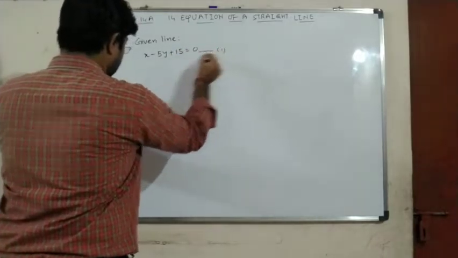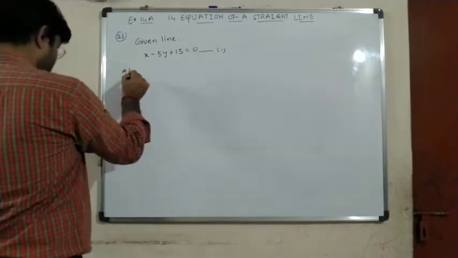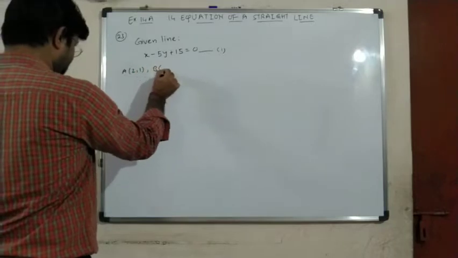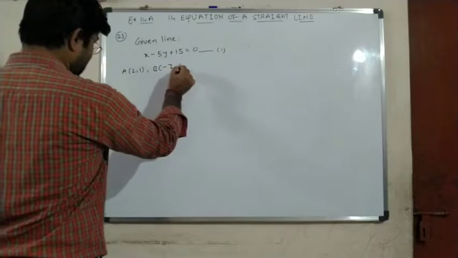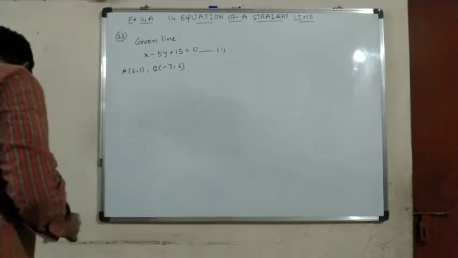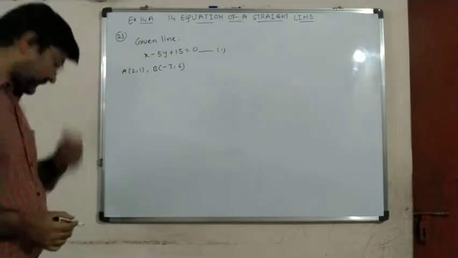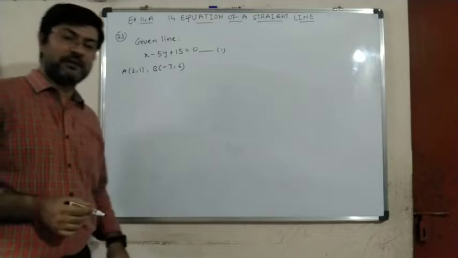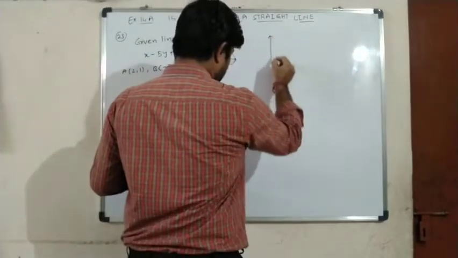This is the given line, and this line divides the join of point A having coordinates 2, 1 and point B having coordinates -3, 6 in some ratio. We have to find that ratio and we have to find the point of intersection too. Let us try to represent this fact on the coordinate plane.